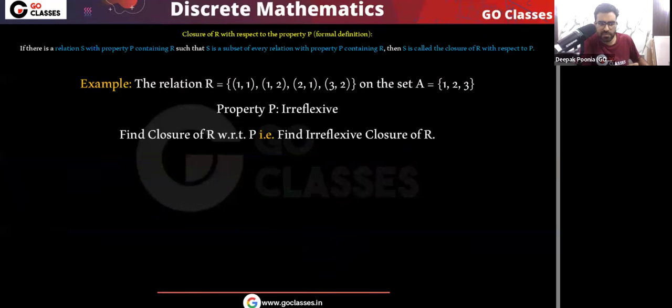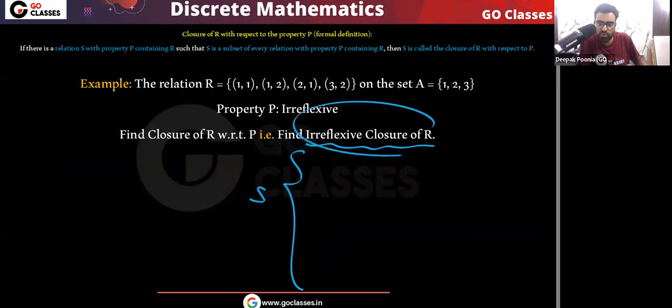Let's consider this example. We have this relation R and the property is irreflexive. We need to find the irreflexive closure. So if I want to find the irreflexive closure, what should happen? The irreflexive closure of R will be a new relation S. This new relation should have what properties?